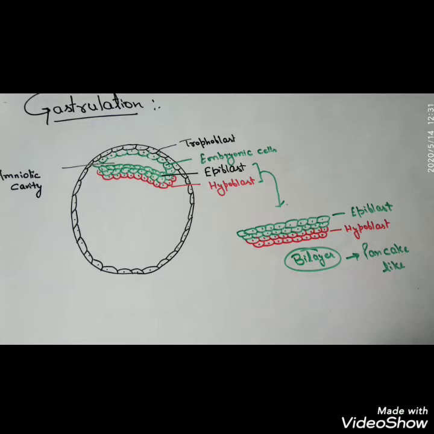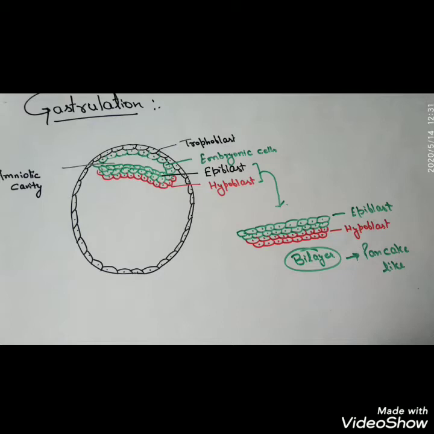In the figure, I have now separated these two layers. As you can see, the uppermost layer, which is depicted by green marker, is called the epiblast layer, whereas the lower layer has been shown using red marker and it's called the hypoblast layer.